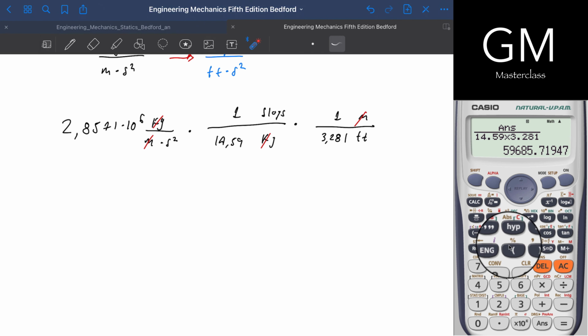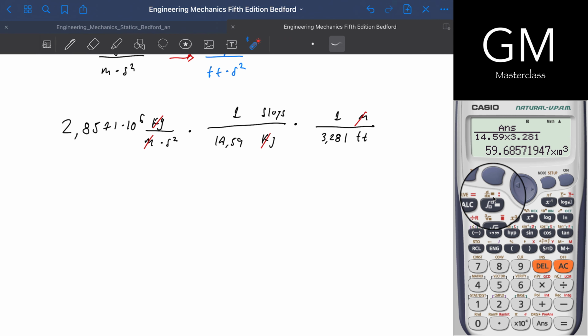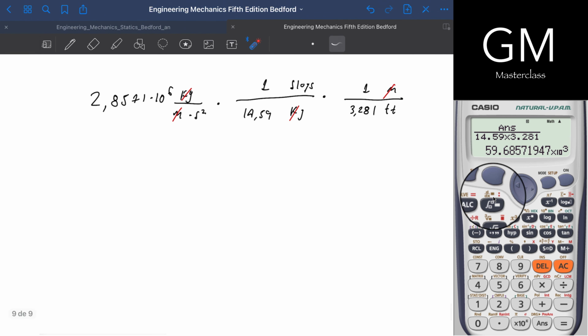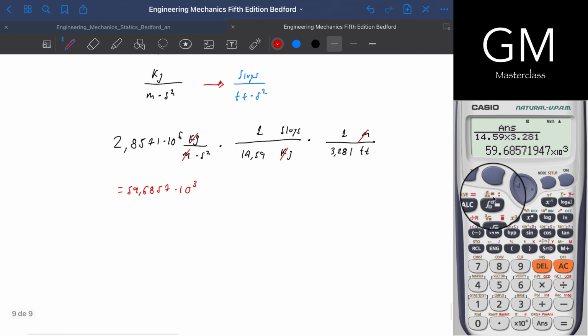So the final result is 59.6857. I always use 4 significant digits after the point, times 10 to the 3rd power, and units are in slugs divided by feet times square seconds.